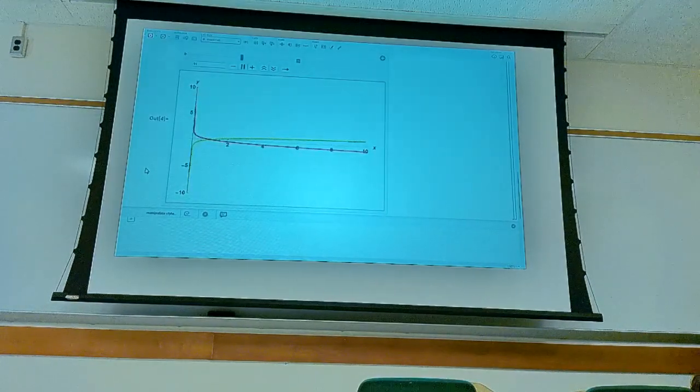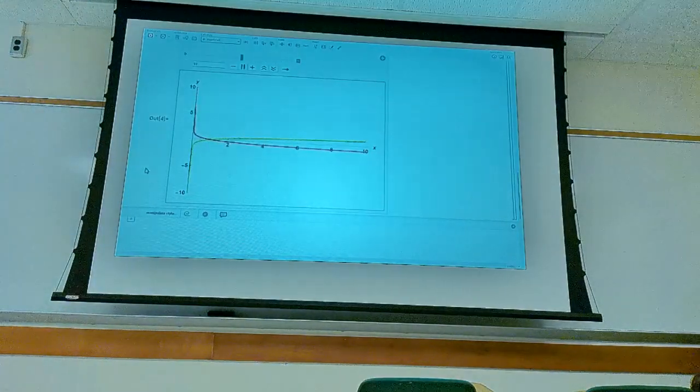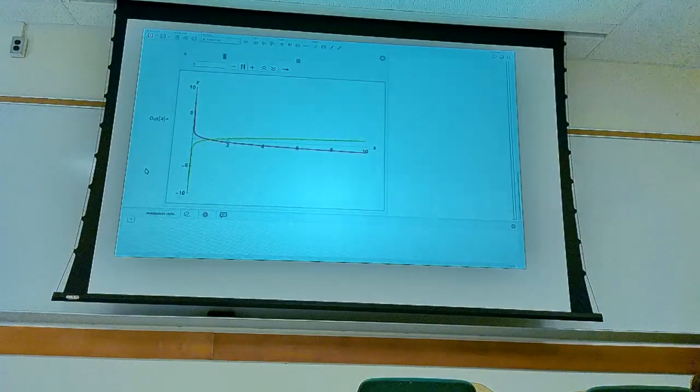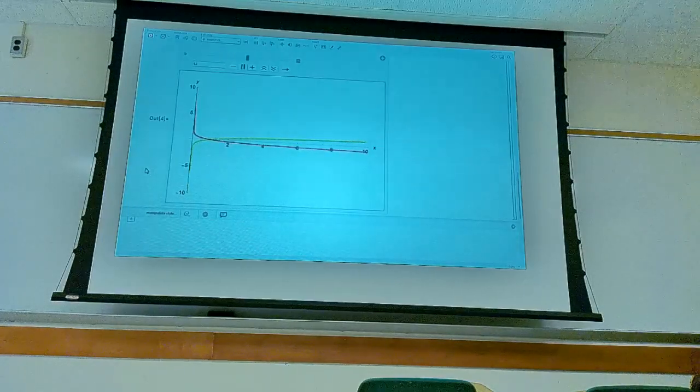Now use that information. What's the domain of the logarithmic function? Not including 0, to infinity. What is the range? All real numbers.